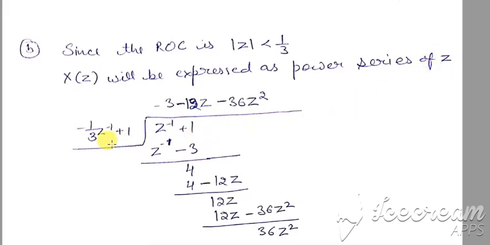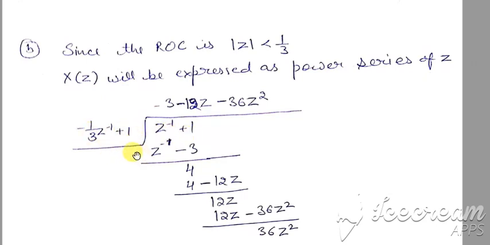So we will put the denominator and numerator like this. This is case 2, when ROC |z| is less than 1/3. This is inside the unit circle, so the X(z) that we obtain will be expressed as a power of z. So the numerator and denominator we have written here in the reversed order.